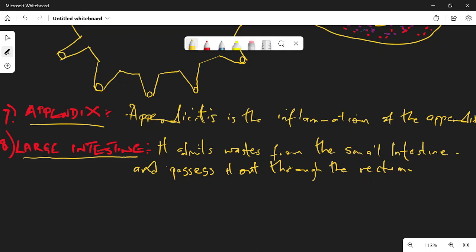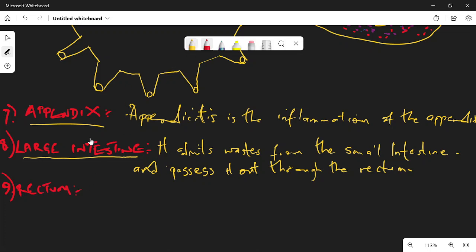The rectum is the next organ. That is number 9, rectum.